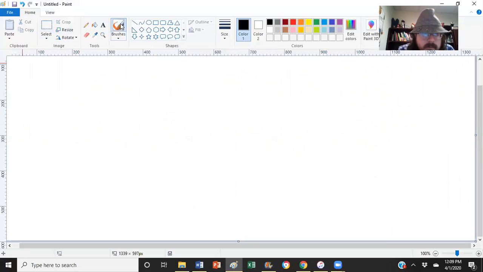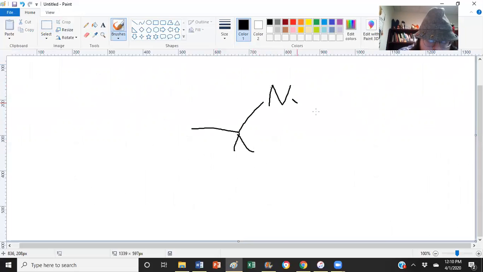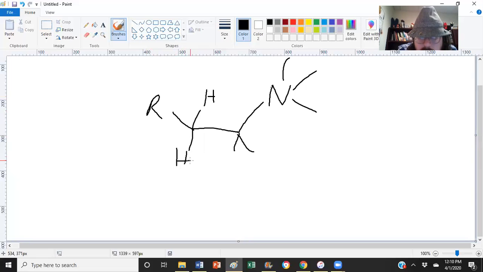Here's our molecule, and this hydrogen that's being lost is anti-coplanar, in the same plane as this group.